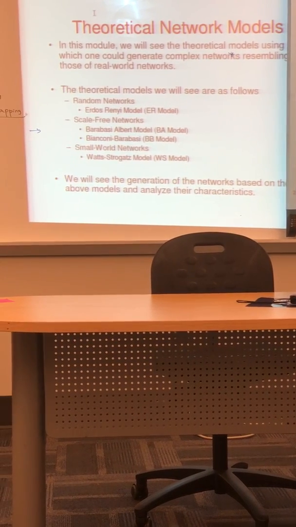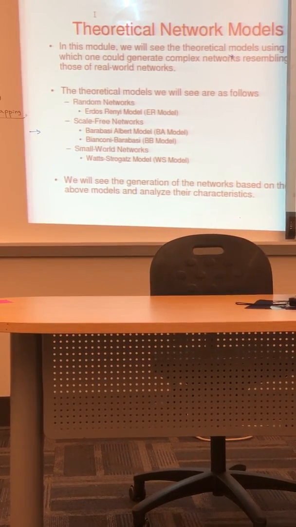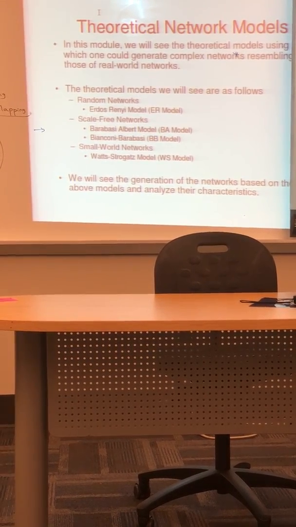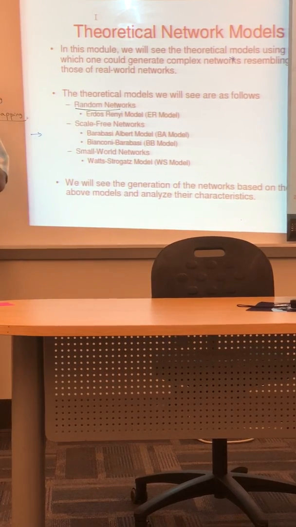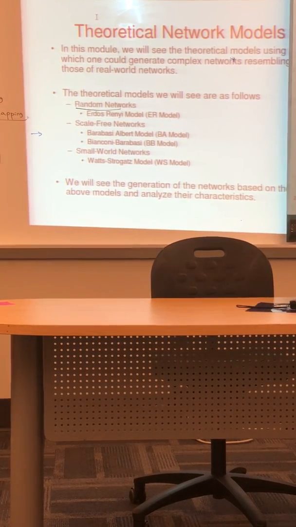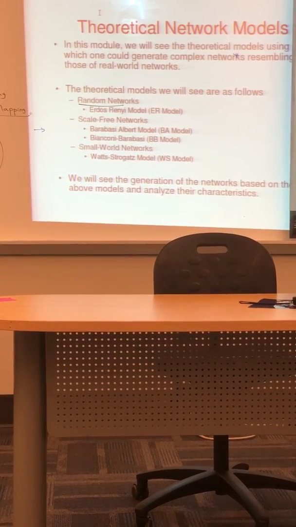Do they talk just randomly to one of the other people, or do they prefer to talk to some person? Accordingly, we could have random networks where there is no preference for a link between any two people or any two nodes. They are just randomly created.